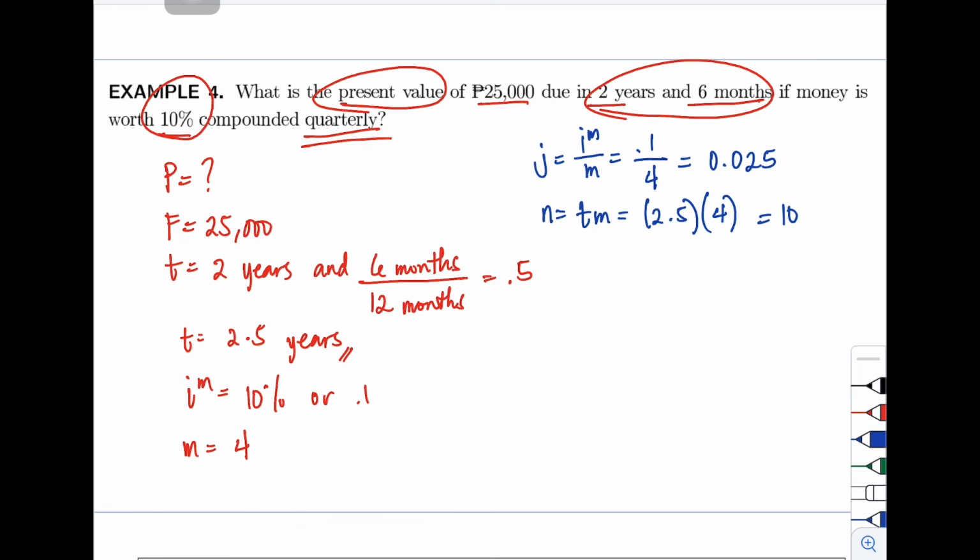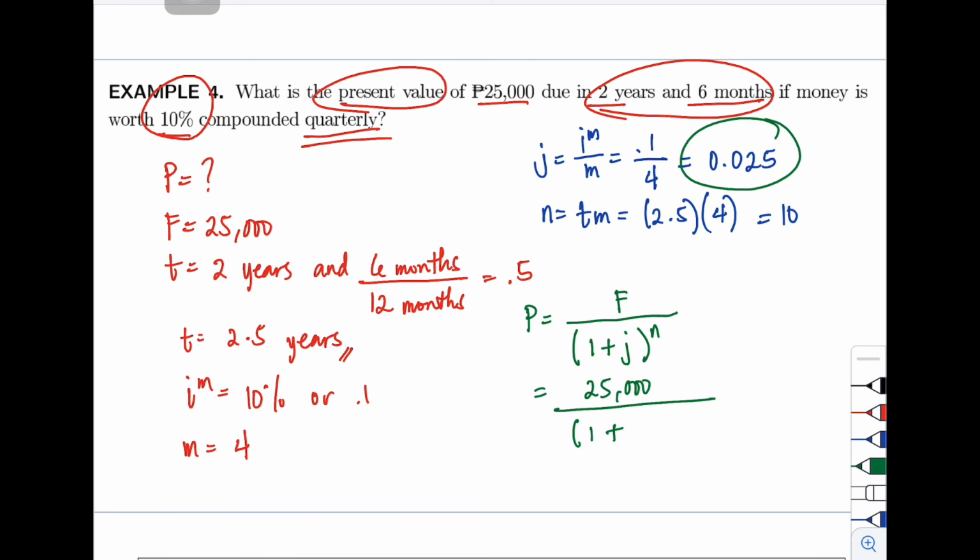Tama? So, applying the formula. So, ang formula natin, principal value is equals to maturity value over the quantity of 1 plus J raised to N. Kung saan, ang F natin is equals to 25,000 over 1, that is constant. Ang J natin dito guys, nandito sa taas, 0.025 raised to N. Ang N natin ay 10.